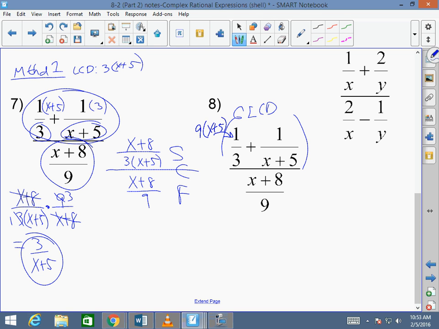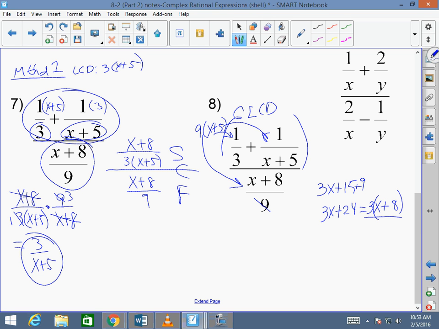When I multiply it here, what am I left with? Now you can go, it's 3 times x plus 5, which is 3x plus 15. And over here, what am I left with? 9. So this is 3x plus 24, which is 3 times x plus 8. Very good. Excellent. What's left over here?